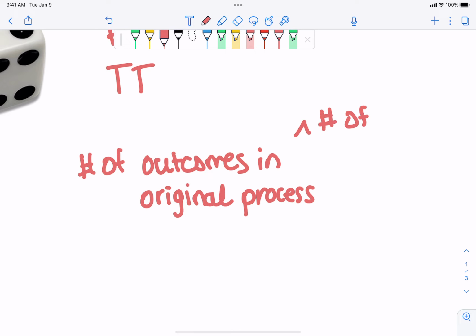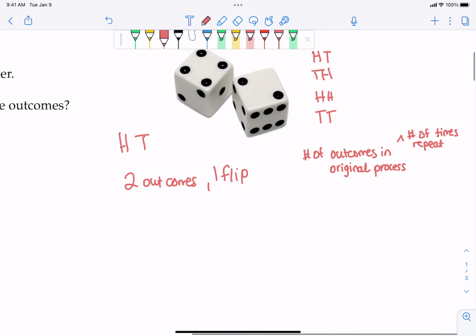So if I flip this coin 3 times, I know I have 2 outcomes, heads or tails, on the first flip, and since I flipped it 3 times, I repeated that process 3 times, so 2 to the 3rd is 8, right?